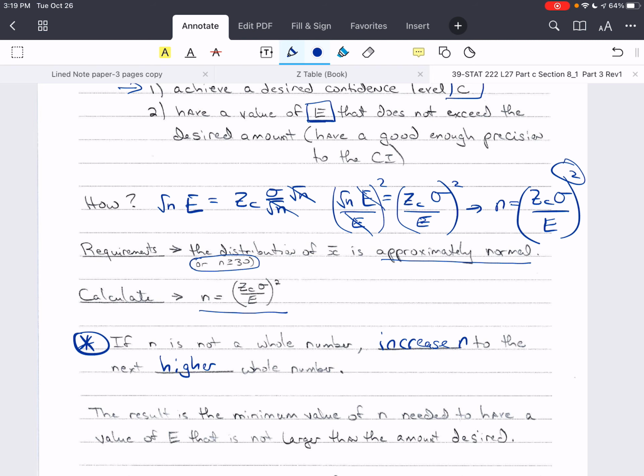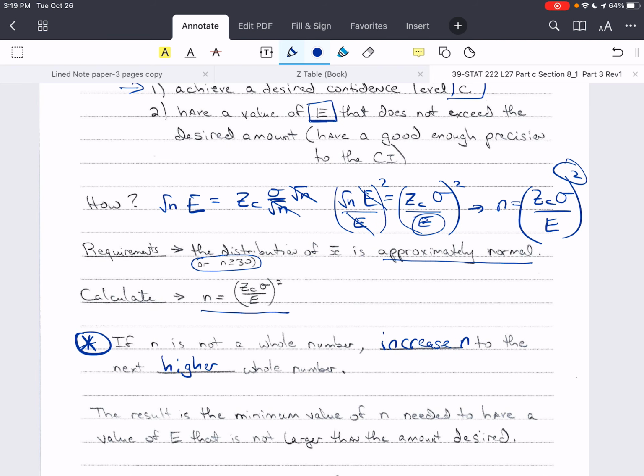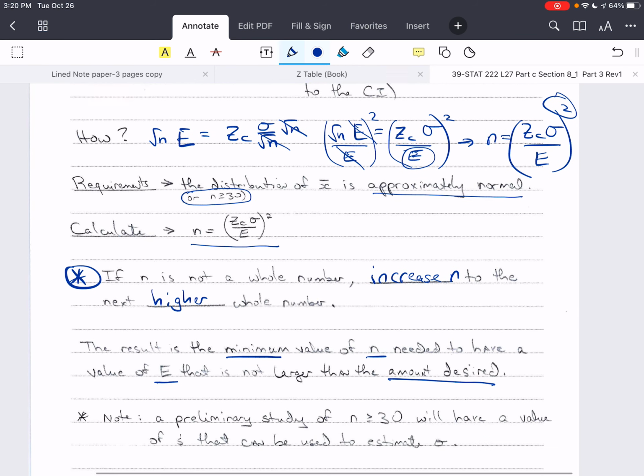And this keeps us from having a value of E that's actually larger than what we want when we calculate our confidence interval. Okay? So the result is the minimum value of n needed to have a value of E that's not larger than the amount that we specify or desire.